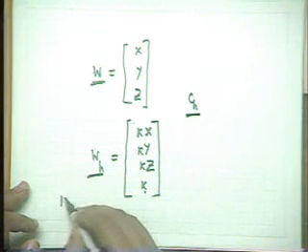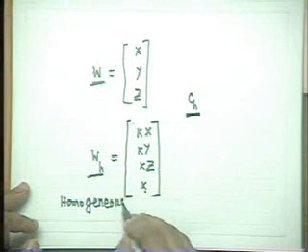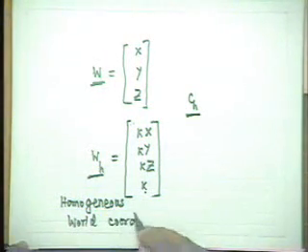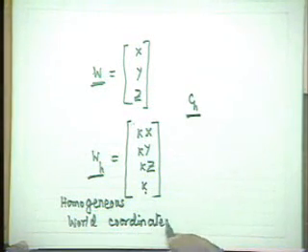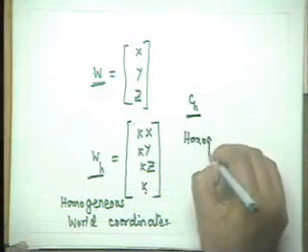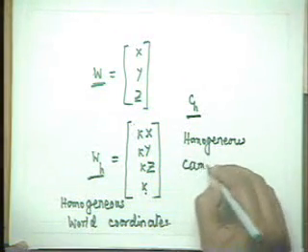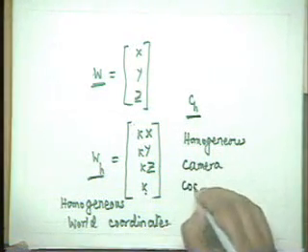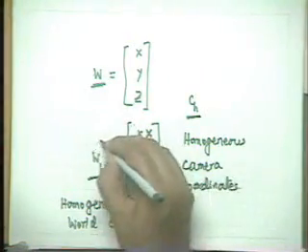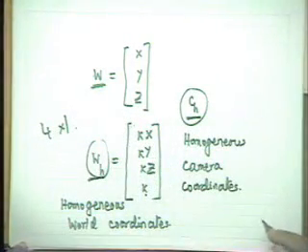So this is homogeneous world coordinates, and CH is homogeneous camera coordinates. Both CH and WH will be represented in the form of a 4 by 1, 4 element column vector.